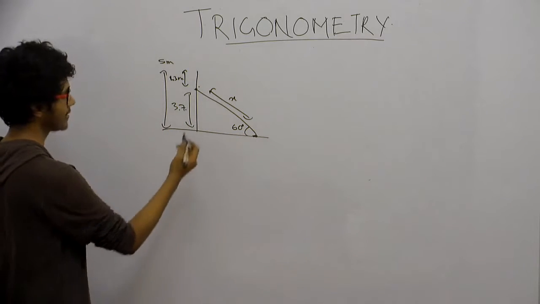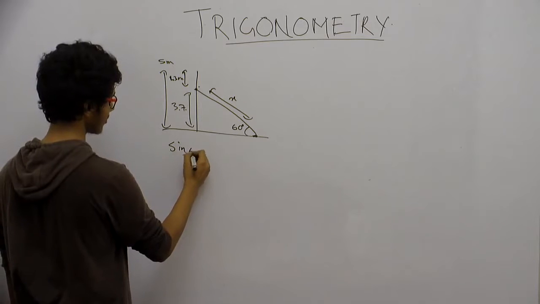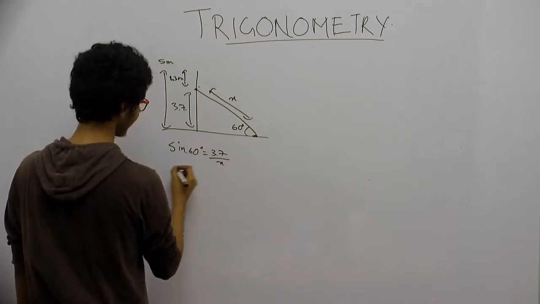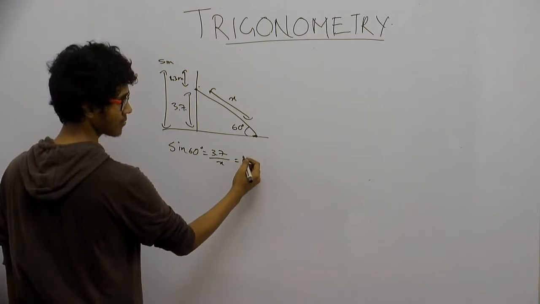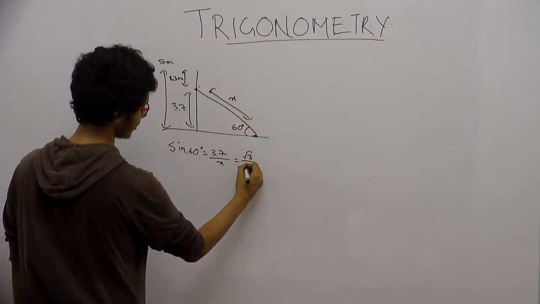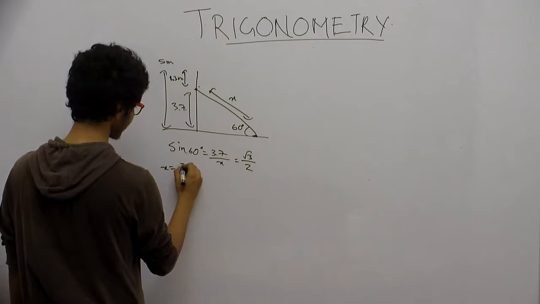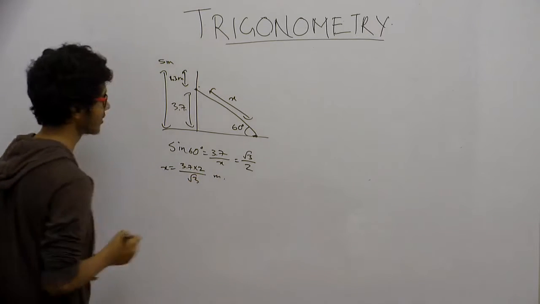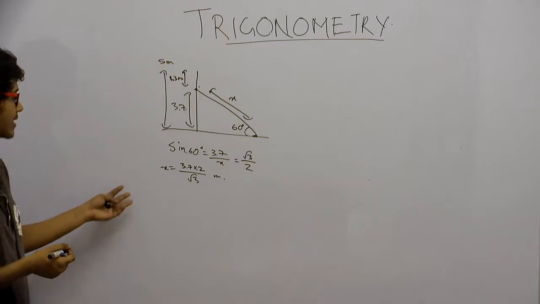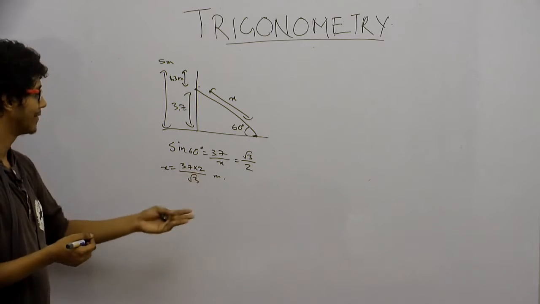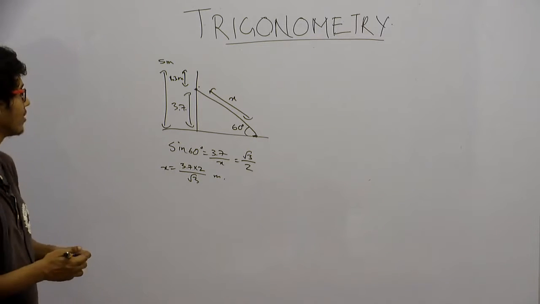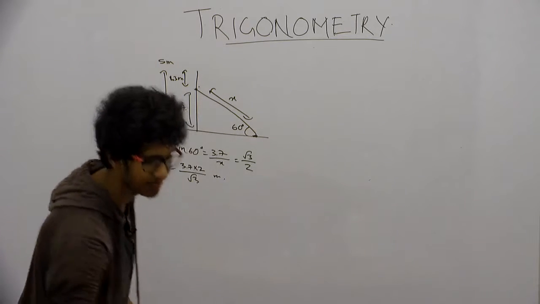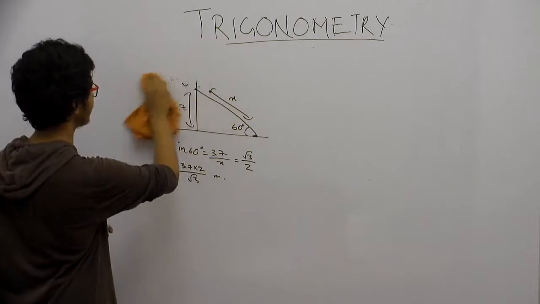The length of the ladder then can easily be found by sine 60 degree equals 3.7 by x, and we also know sine 60 degree is equal to root 3 by 2. Alright, so this means x equals 3.7 into 2 divided by root 3 meters. You normally would have to solve this and give the answer in terms of a definite number, but for now we just need to understand the concept, how it's done. So I think this is good. Let's do some more.